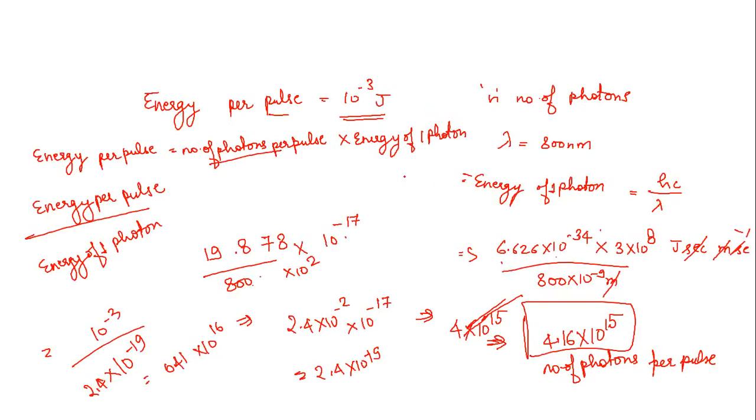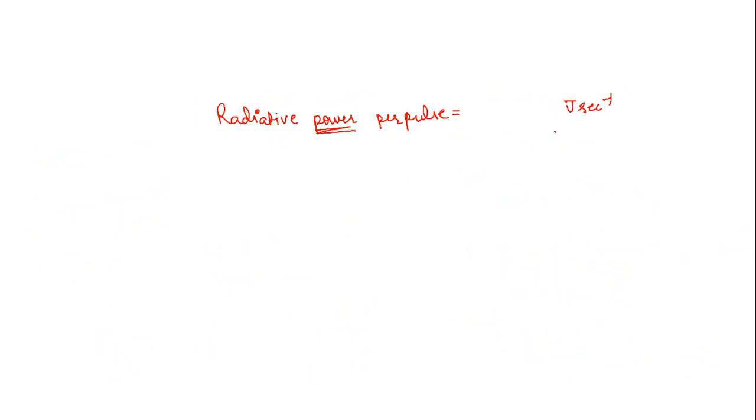Radiative power per pulse. What is it? See, if you want to calculate power, it is in joule per second, right? And what we are given here is joule per second.